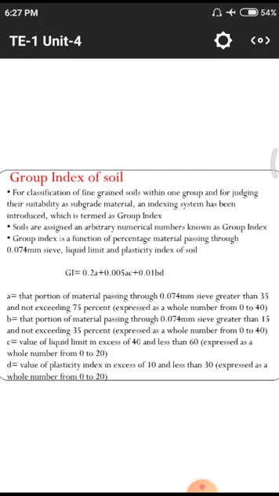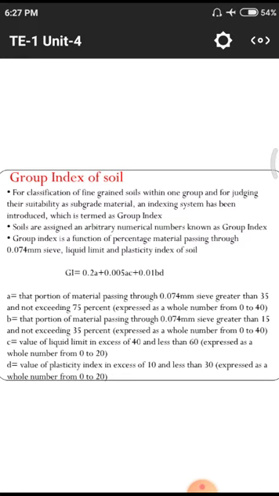That means different quantities of soils are taken together and their different properties observed. Like above, with the sieve analysis, liquid limit and plasticity limit, they did several investigations on those soils and formulated the equation: GI equals 0.2a plus 0.005ac plus 0.01bd.